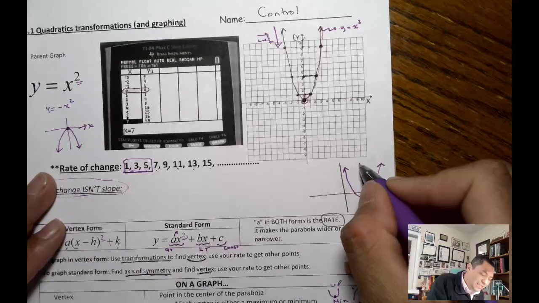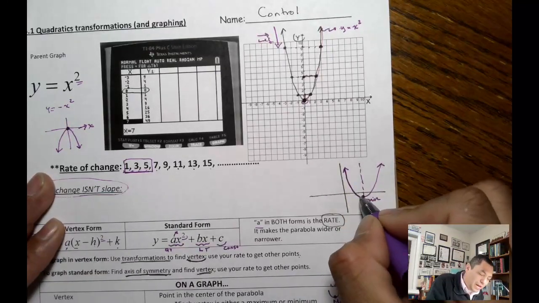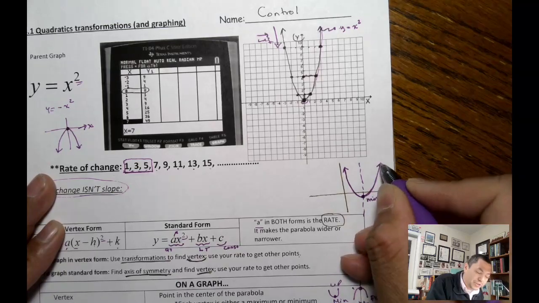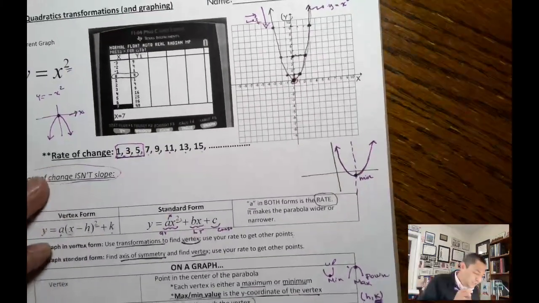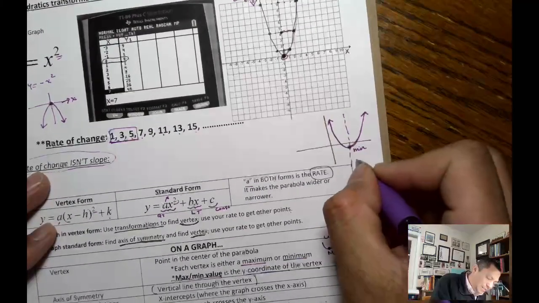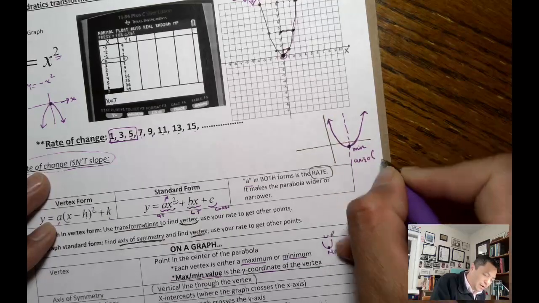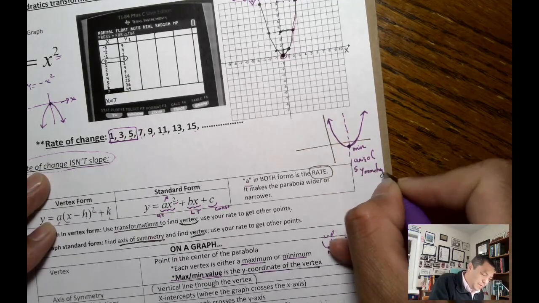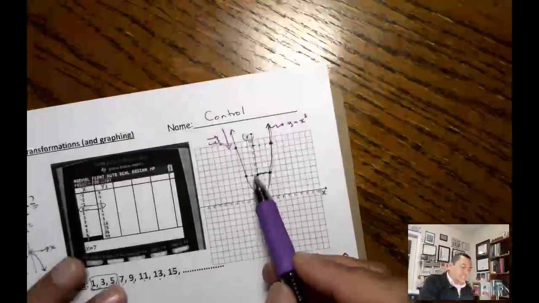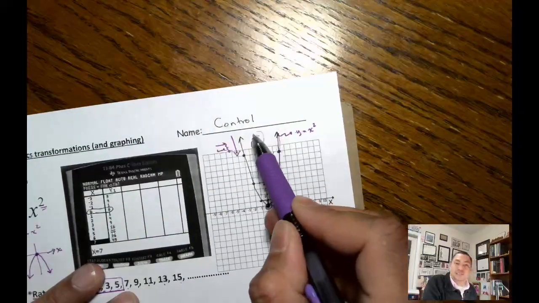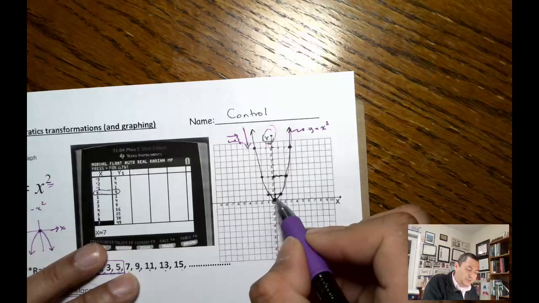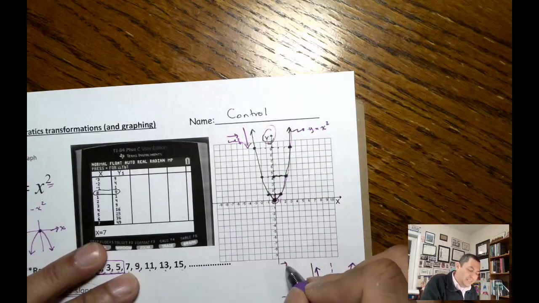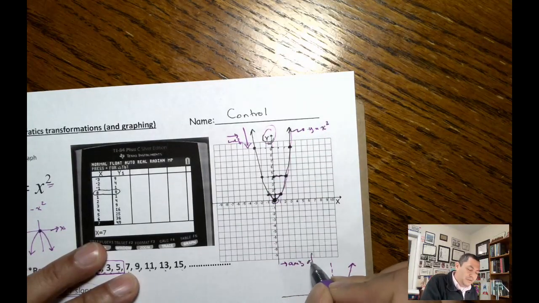And this line, where the graph goes down and then switches directions, is called the axis of symmetry. In this case, the axis of symmetry is the y-axis. See, that's where the graph turns around. So the y-axis is the axis of symmetry.